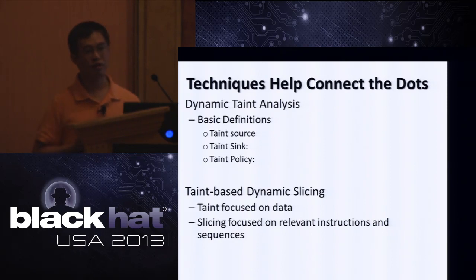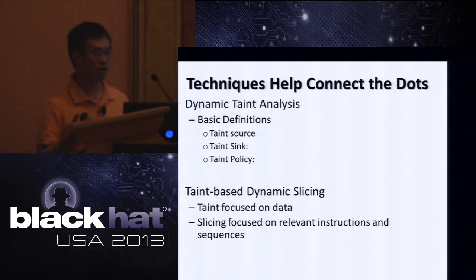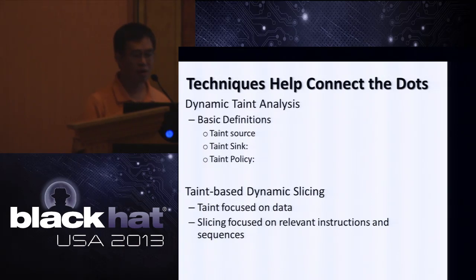The sink could be the return address or EIP register, things with security implications. The taint policy most commonly used is the data policy: your source somehow affects the value of your sink.